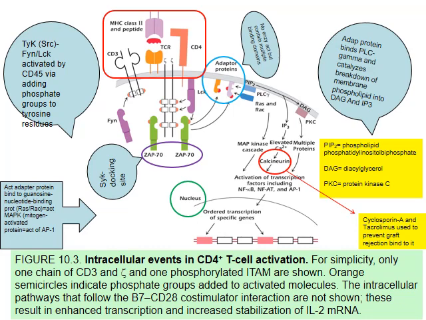So the thing to understand in this case is that once there is a signal to these ITAM molecules, they get activated, and they have an ability to bind phosphate. So you can see these orange semicircles, they indicate phosphate groups. Once these phosphate groups are added, this leads to activation of molecules.